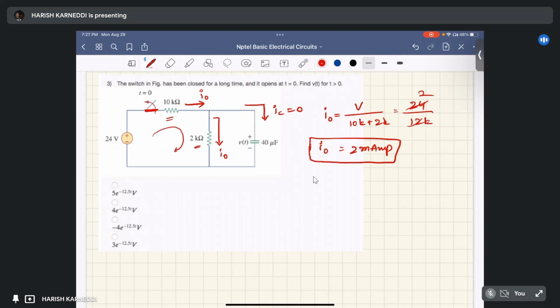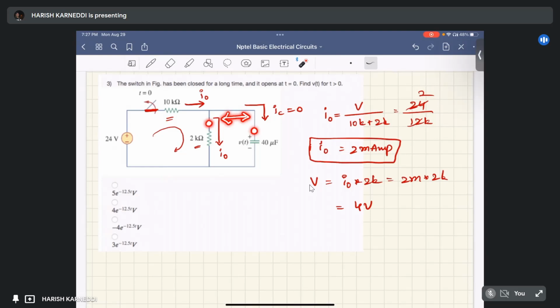So what is the voltage across this 2 kilo ohm? Simply from Ohm's law, V equals I into R, that is I0 into R, which is 2 milliamp into 2 kilo ohm, which is 4 volts. The current flowing through the capacitor branch is 0, which means the potential at this point and at this point is the same.